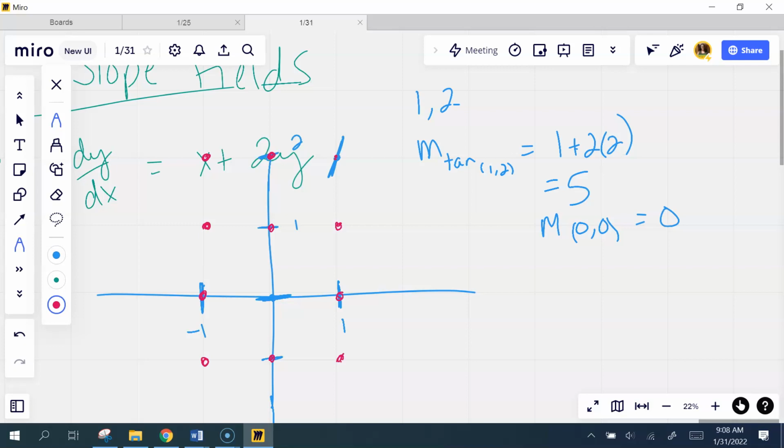So it's got these points mapped out. And what you have to do is go to each of these points and go, okay, we did (0, 0). What about (1, 0)? The slope at (1, 0) is 1. So a slope of 1 is not going to be nearly as steep as that. It's going to look something more like that.